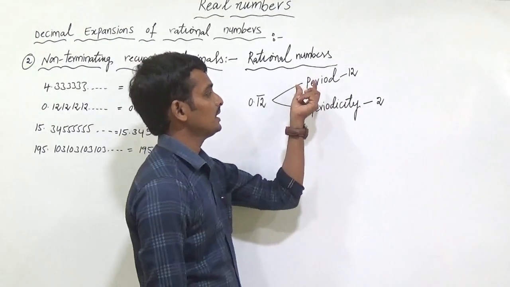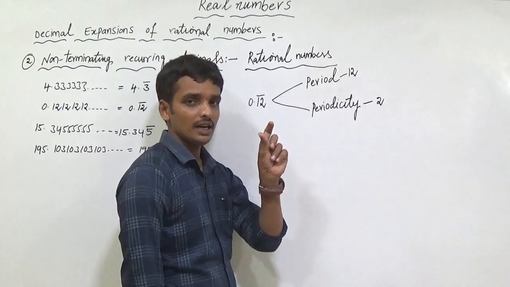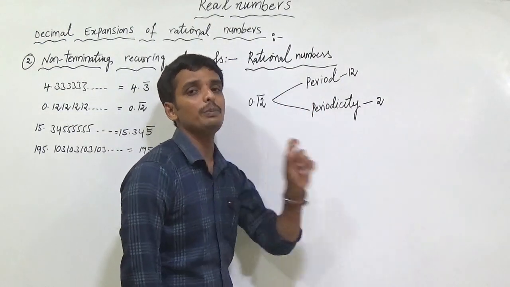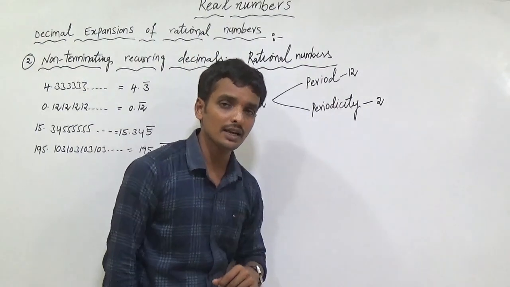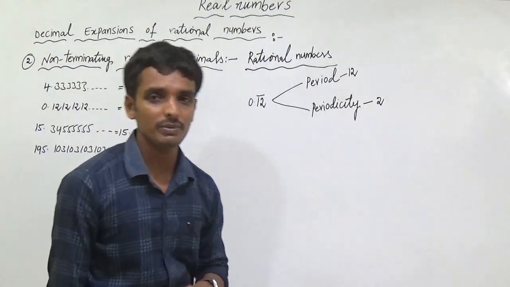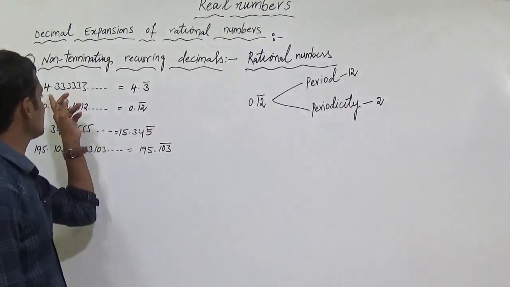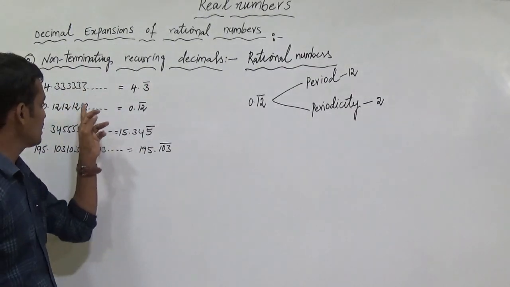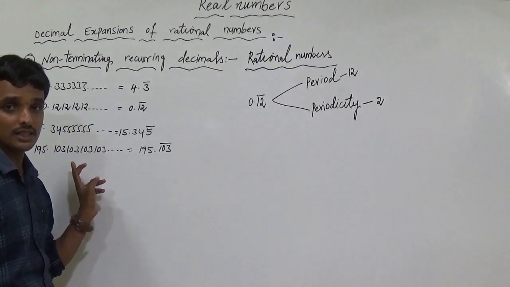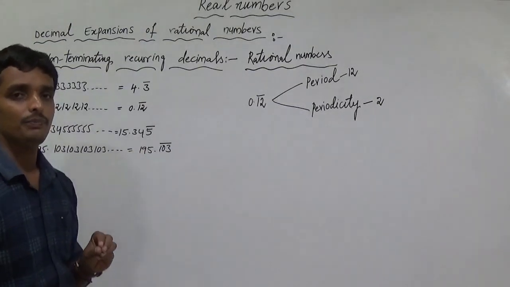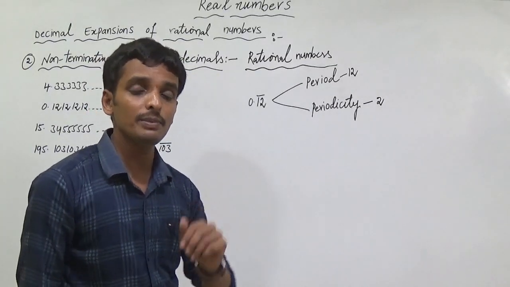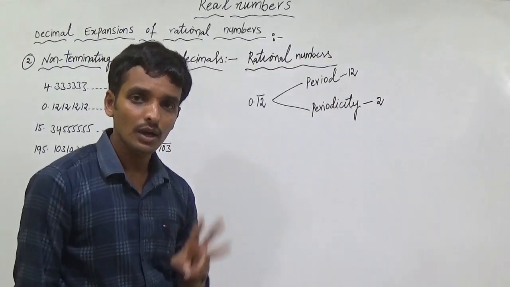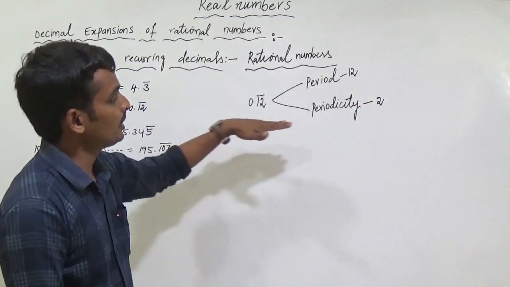Period means the set of digits repeating in the non-terminating recurring decimal expansion, either 1 digit or 2 digits or 3 digits. Periodicity means how many digits are repeating, either 1 or 2 or 3.